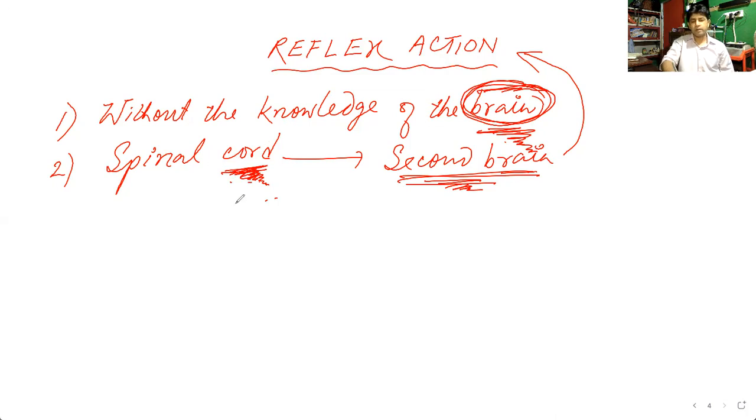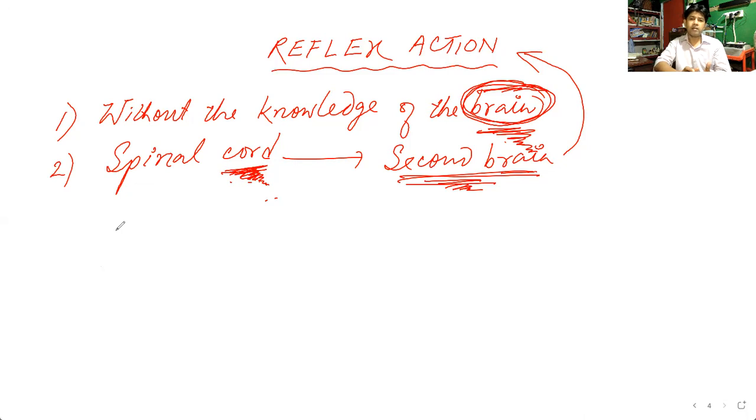Now come to the point, what is reflex action? If I give one example, then it will be very clear to you. For example, let's say you were moving, and suddenly you step over a big stone or a curved place.